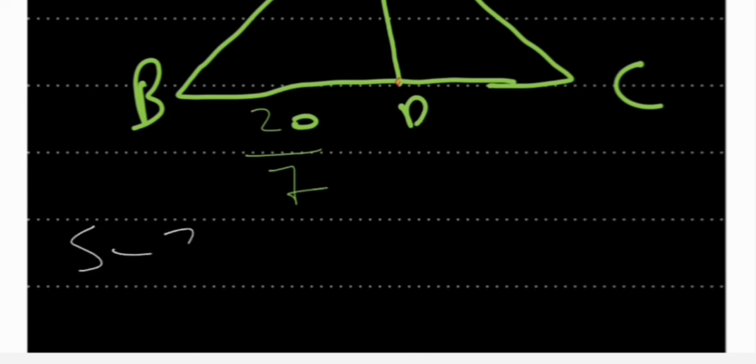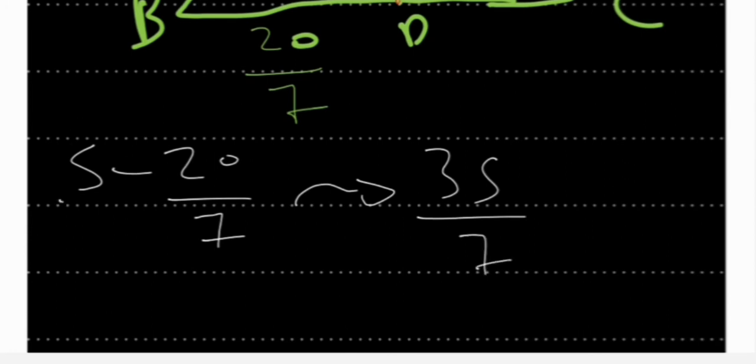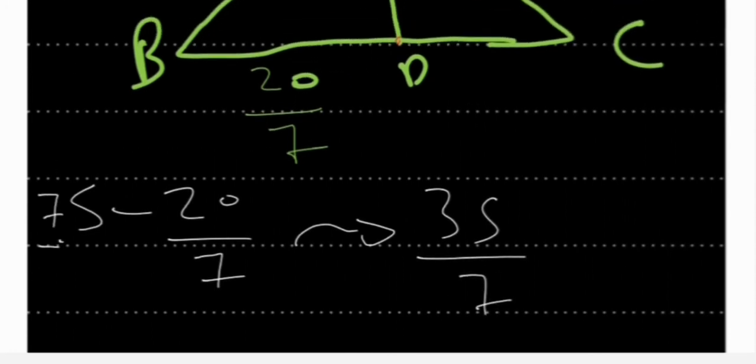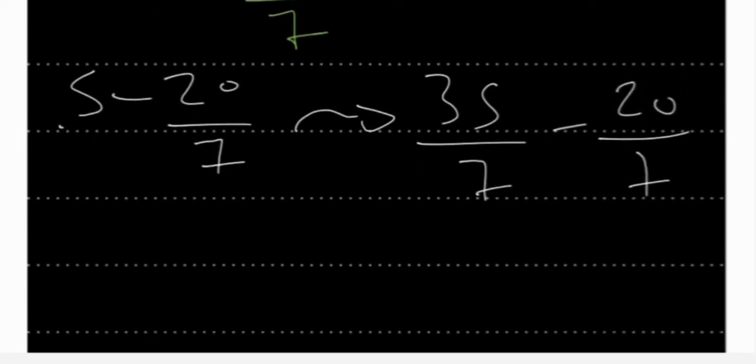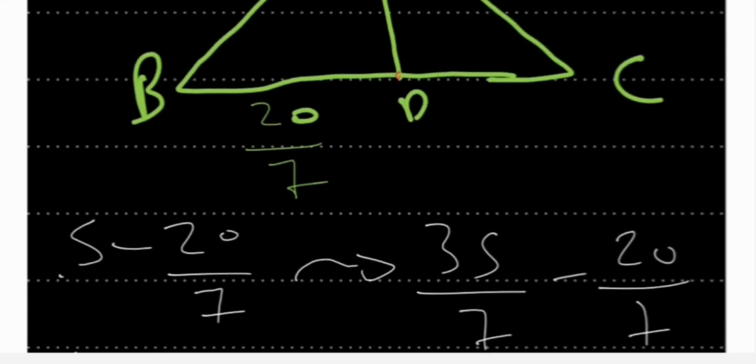So this part is 5 minus 20 divided by 7, right? So this will be 35 divided by 7. I just multiplied here 7 divided by 7 so that I can subtract, okay? So 35 divided by 7 minus 20 divided by 7. So 15 divided by 7, right? So this part over here, 15 divided by 7.